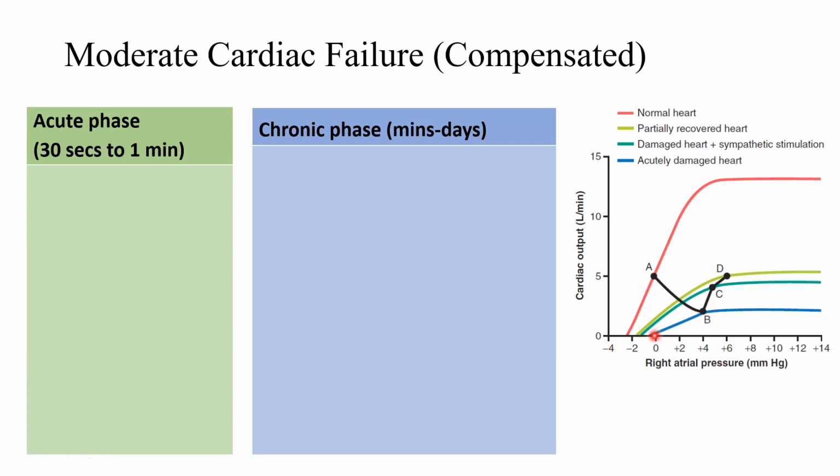So you can now see that there are two issues with this blue curve, and you should be able to read this analytically now because we have discussed in detail the cardiac function curve. If you drop this curve to the right and closer to the x-axis, it basically means that cardiac output has obviously decreased. The point A is normal cardiac output, 5 liters per minute. It has now plummeted to point B, which is nearly half.